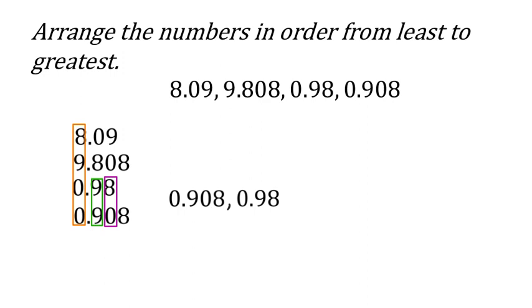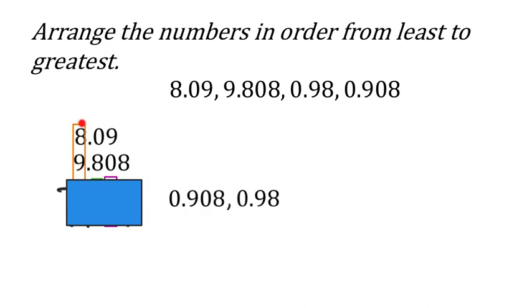Okay, and now that we've used those in the list, I'm going to cross those out just so we know not to worry about those anymore. You could even just scribble them out if you'd like, or some students even like to just cover them like this, whatever. All right. So now we're just comparing the 8 and 9 hundredths, and then we've got 9 and 808 thousandths.